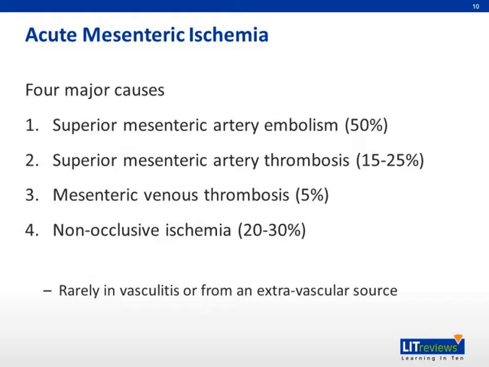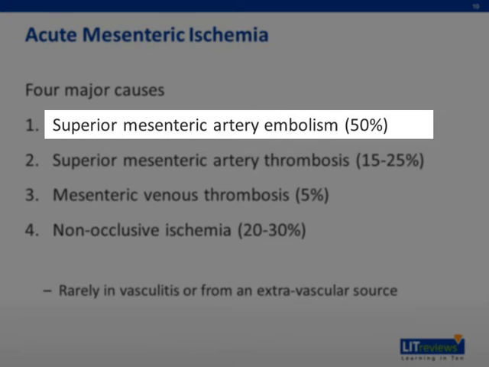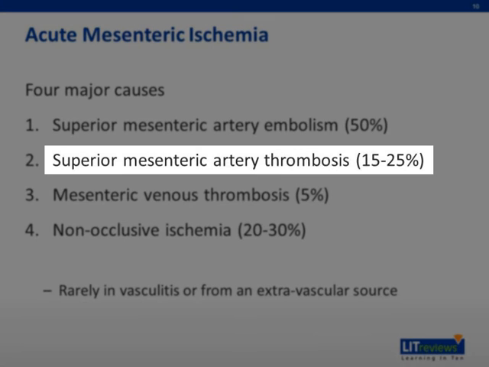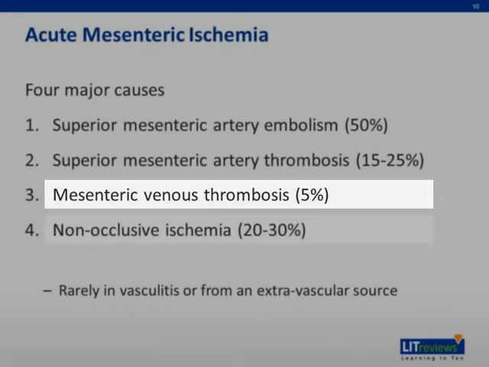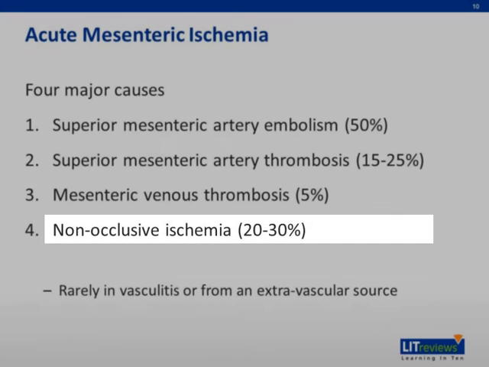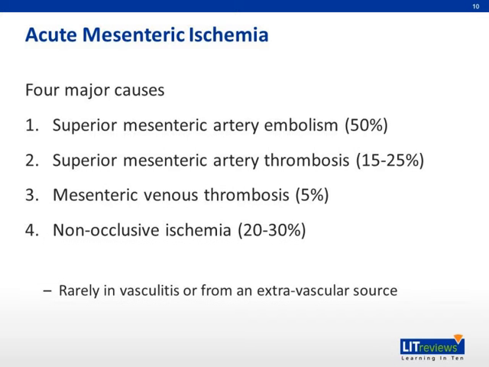The four major causes of acute mesenteric ischemia are superior mesenteric artery embolism, superior mesenteric artery thrombosis, mesenteric venous thrombosis, and non-occlusive ischemia. It is also to note that less frequently, acute mesenteric ischemia can also occur in the setting of underlying vasculitis.